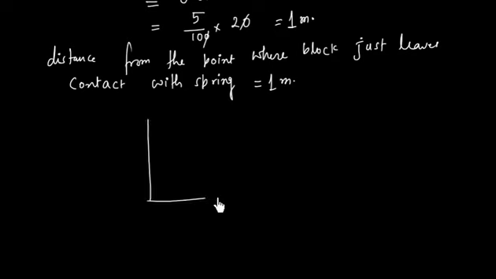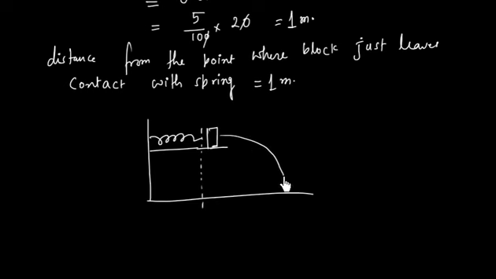So what we are saying, if the spring loses contact here, and I make a perpendicular on the x-axis, this block will follow a projectile path, so it will fall here. So this distance is 1 meter.